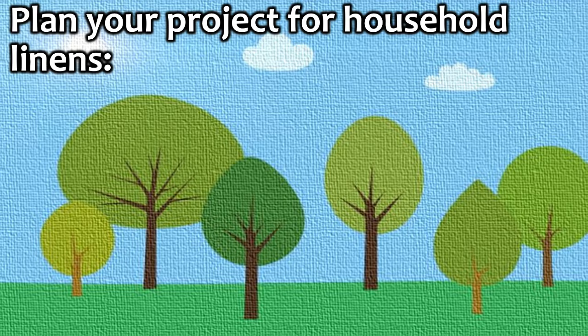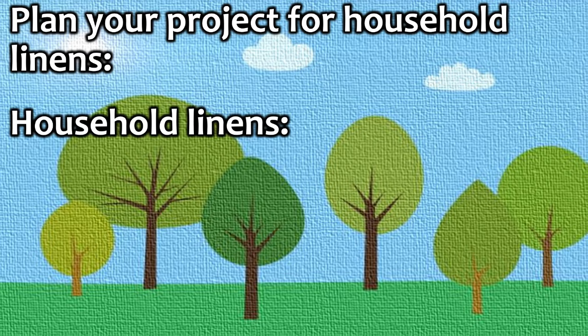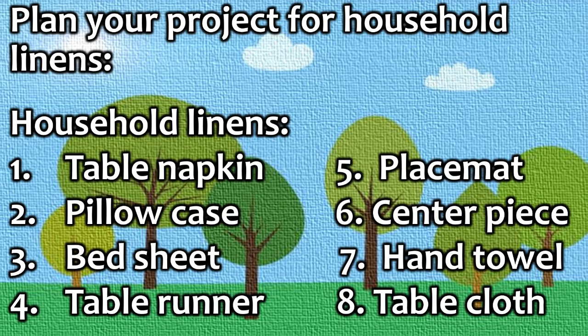Plan your project for household linens. Household linen examples are the following: tablecloth, table napkin, place mat, pillowcase, centerpiece, bed sheet, hand towel, table runner.